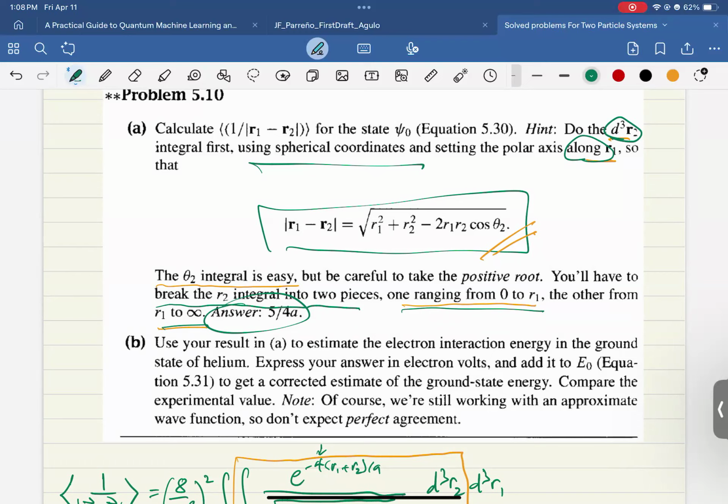So let me just show quickly yung expression na inaano natin. So for helium, ito yung ating kinoconsider.